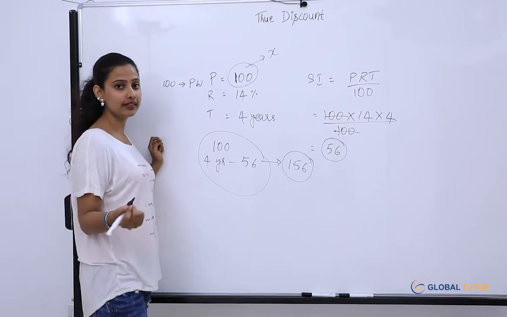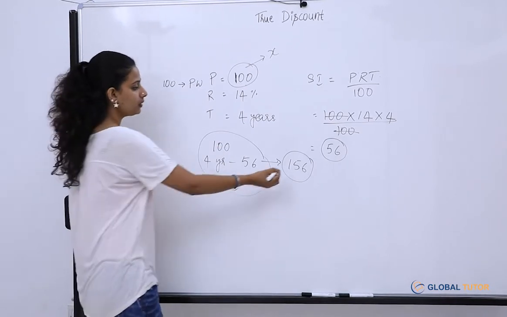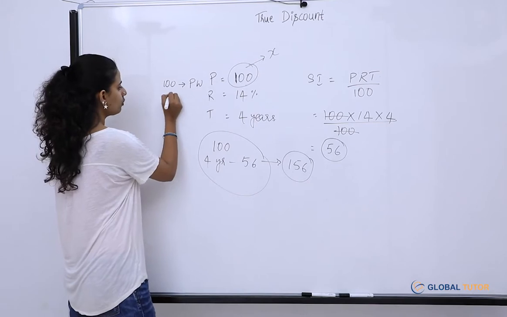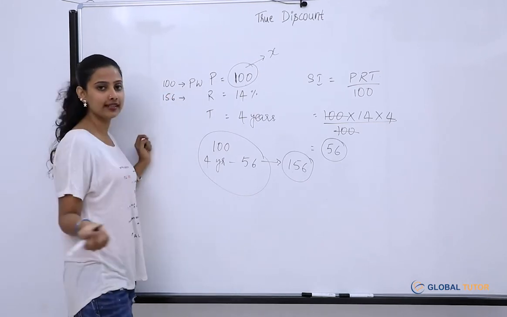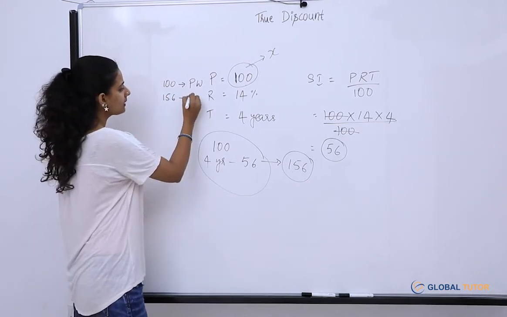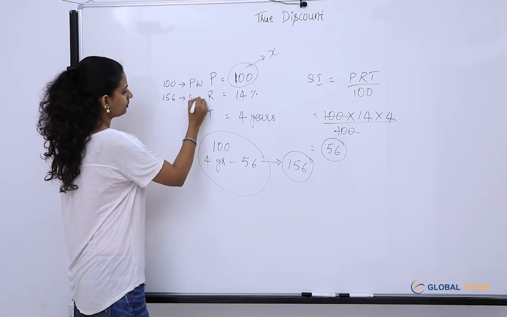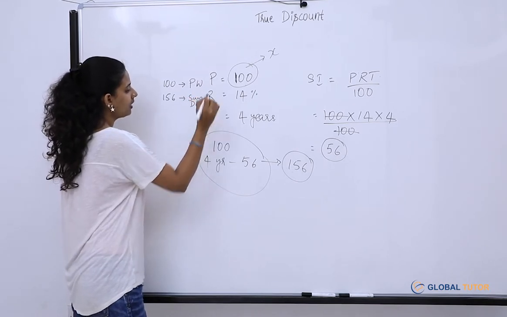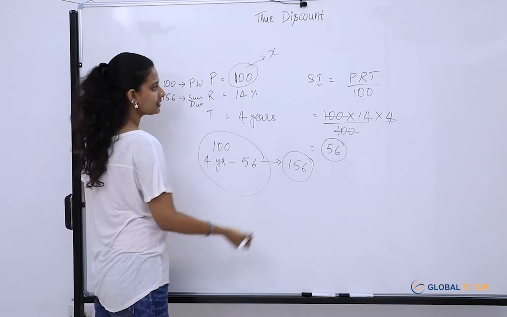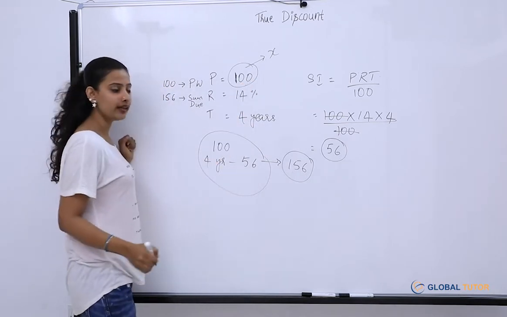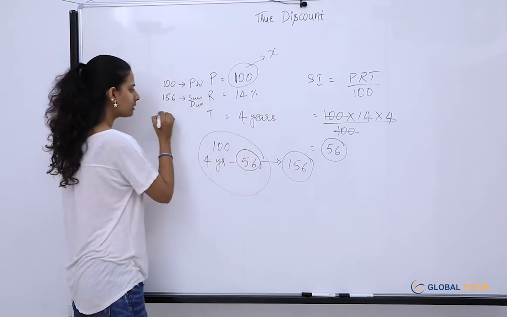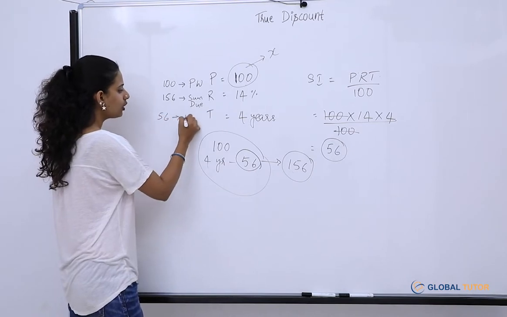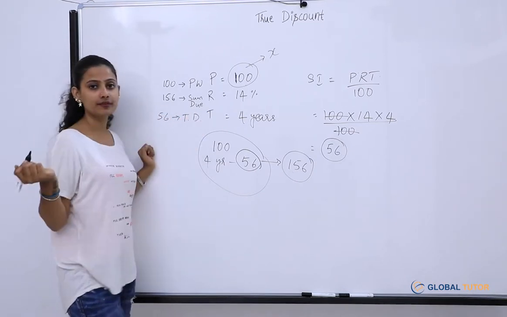You can denote it as PW. Here 156, what we are paying 4 years later, is called the sum due. So 156 minus 100 you get 56. So this 56 is called true discount.